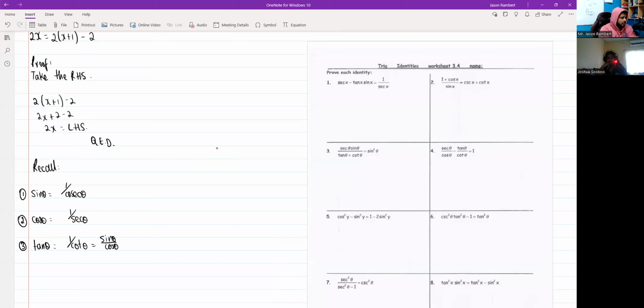And in the same breath, I'll put 4. I'll put cot theta because this one has a little bit of variation in it. Cot theta is equal to 1 over tan theta. But more importantly, it's cosine theta over sine theta. 5, sine squared theta plus cos squared theta is 1.